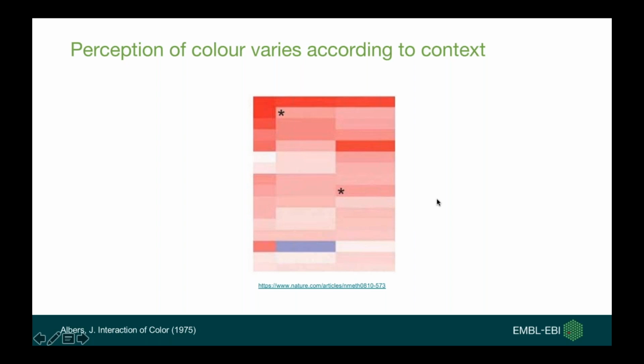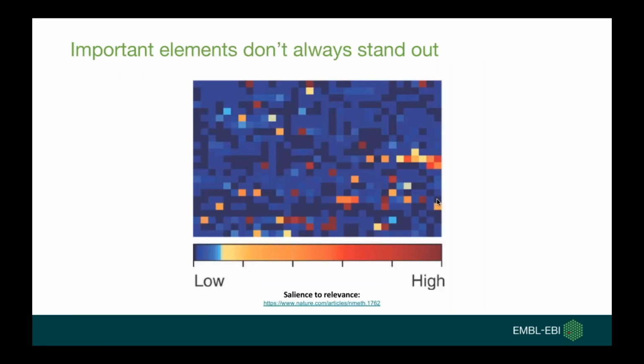Another important problem with color used to encode quantitative values is that sometimes important elements don't always stand out. In the scheme here, they use dark red for the highest values, and presumably what you want in a visualization like that is for people to be able to spot these high value items.